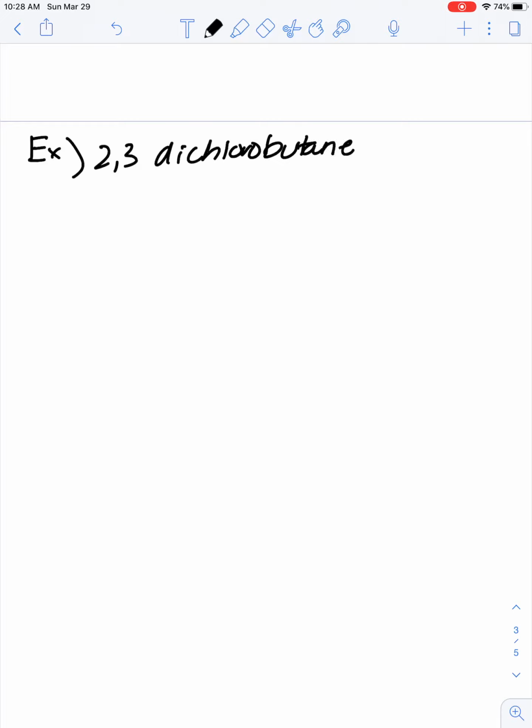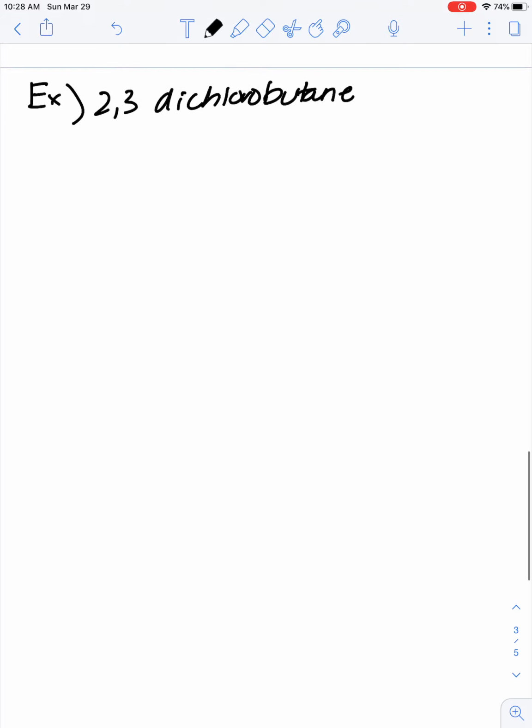So let's look at 2,3-dichlorobutane. When we're looking at 2,3-dichlorobutane, let's think about all the isomers that we can draw, and let's think about which would be optically active. So this is where stereochemistry is really starting to come into play when we're thinking about all of the different isomers that we can draw. So again, we want to always label our stereocenters as R and S. This will be really good practice.